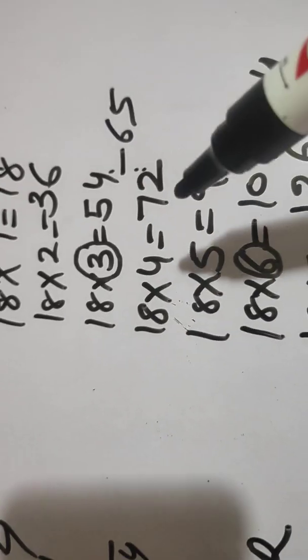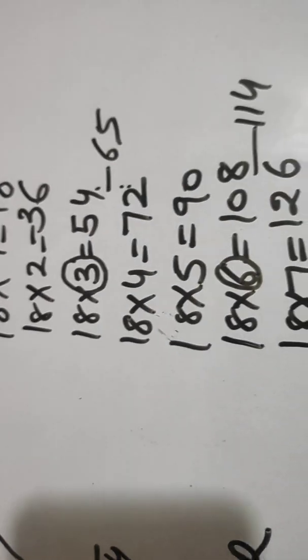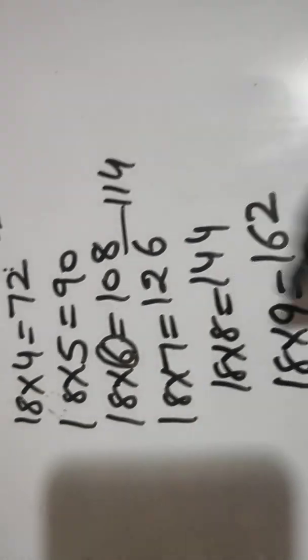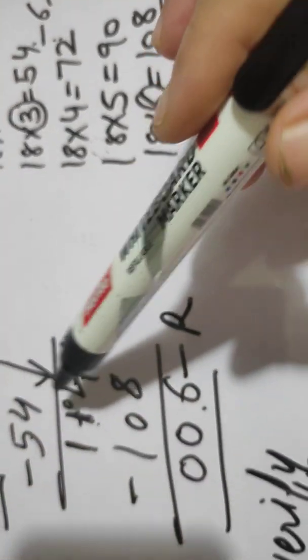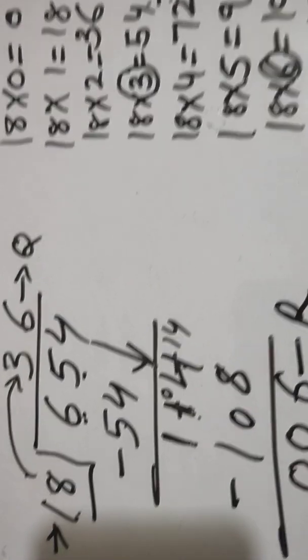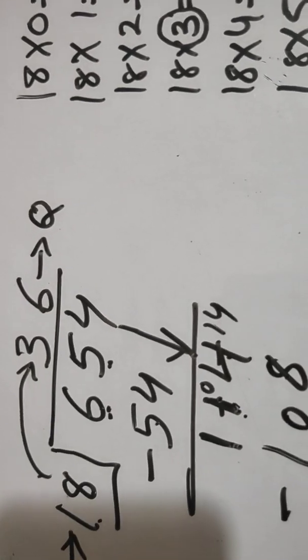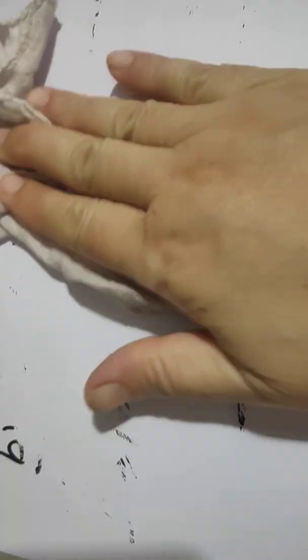When the divisor contains 2 digits and these 2 digits are less than 20 or 21, then firstly you will write the table and then you will do your division. But when the divisor is greater than 20, you have not learned the table.